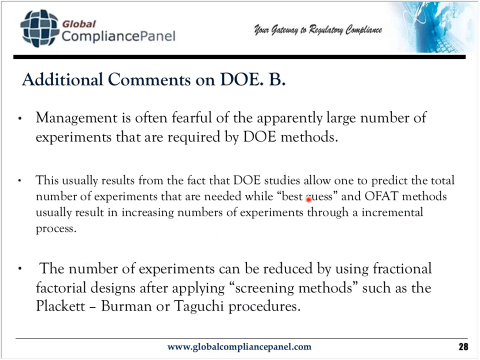Now, the problem is that the people who do OFAT methods, one factor at a time, a lot of times they'll look at it and say, oh, no, we don't need 8 more studies. All I need is 5 more. And generally what happens is that after they've done the 5, it becomes, oh, well, I guess we need to do a couple more. And then they do the couple more, and then they say, oh, well, we need to do 4 more.